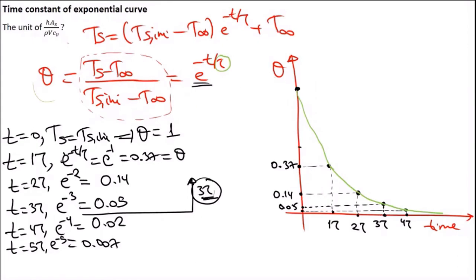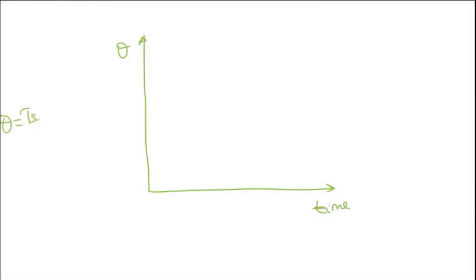The shape of the graph depends on the value of tau. Let me compare the values for tau. So this is the profile, this is theta, and this one is the time. Theta is Ts minus T infinity divided by Ts initial minus T infinity.